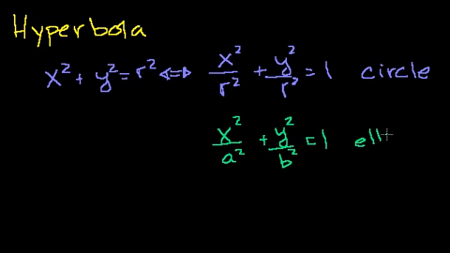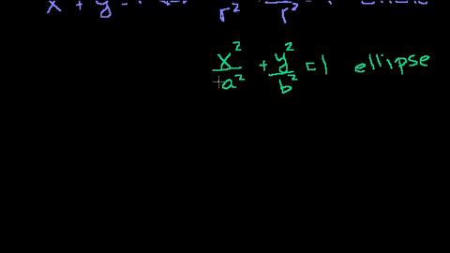That's an ellipse. And I'll skip parabola for now because parabola is an interesting case and you've already touched on it, so I'll go in more depth on that in a future video. But a hyperbola is very close in formula to this. And so there's two ways that a hyperbola could be written. And I'll do those two ways. So it could either be written as x squared over a squared minus y squared over b squared is equal to 1.